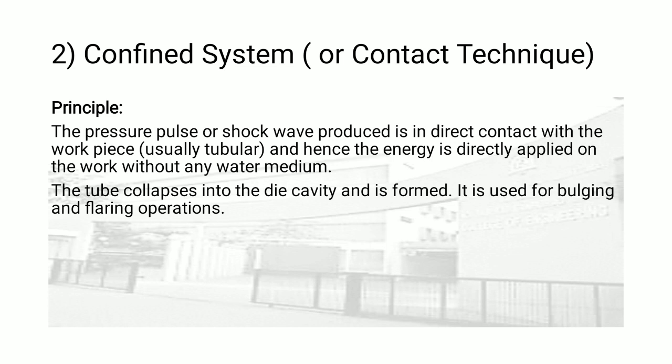We use the water medium, but here it is exactly opposite. Our shock waves directly contact the workpiece. The workpiece is mostly tubular in shape, and hence the energy is applied directly on the work without any water medium. Tubes collapse into the die cavity and form. It is used for bulging and flaring operations.